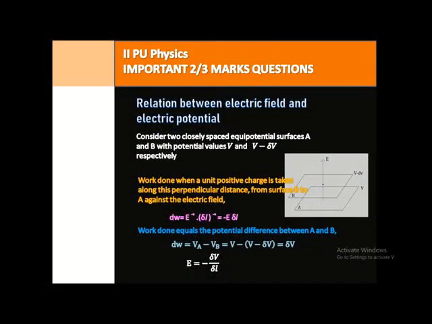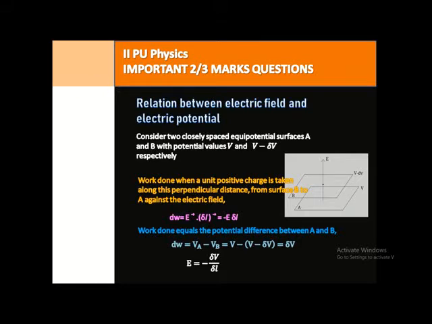Next, they ask to derive the relation between electric field and electric potential, and this is the way we can derive. 1. Consider two closely spaced equipotential surfaces A and B with potentials V and V minus delta V respectively. Then work done in taking a unit positive charge along this perpendicular distance from surface B to A is against the electric field.